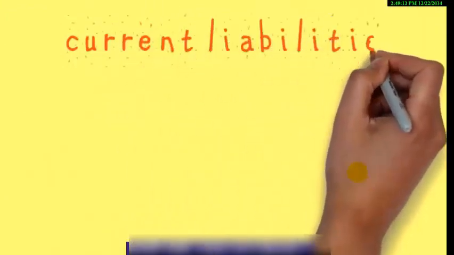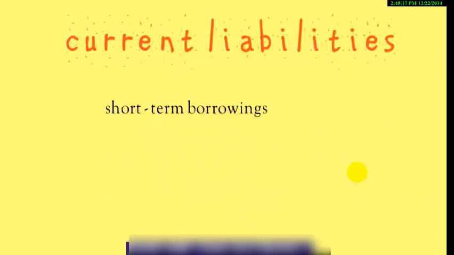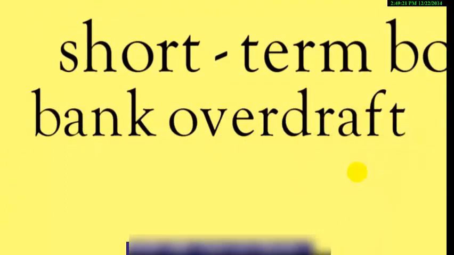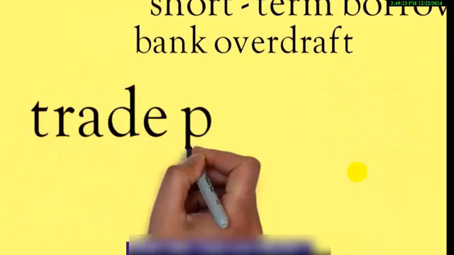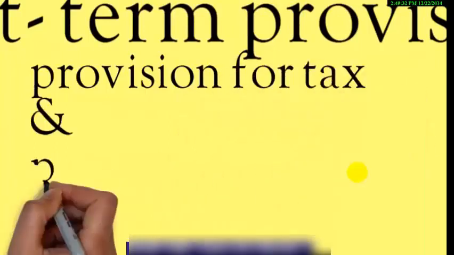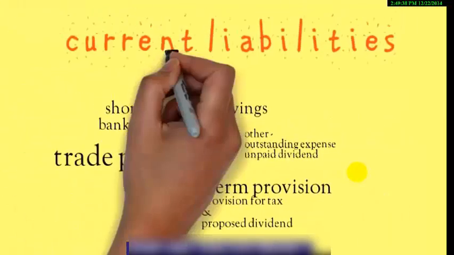So they are known as current assets. Now, what are current liabilities? Current liabilities include short-term borrowings, which also include bank overdraft. They include trade payables, that is the creditors, short-term provisions, which may be income tax provision, proposed dividend or any other provision, other outstanding expenses or unpaid dividend.